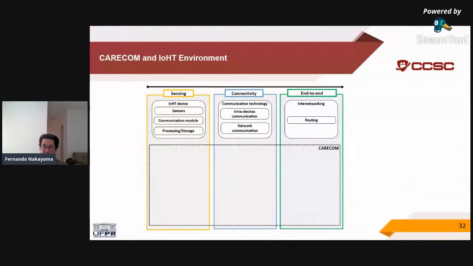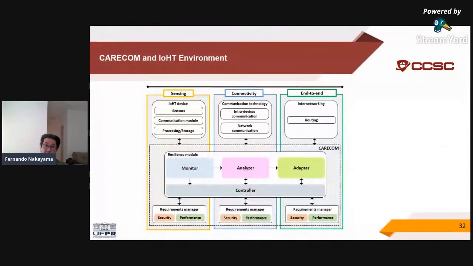So our proposal with CareCon is an architecture that provides communication resilience considering the available information and resources, and also the coordination among these essential services. The coordination takes into account the security and the performance requirements of the IOHT applications that we have previously defined.